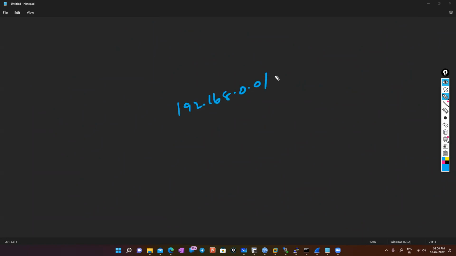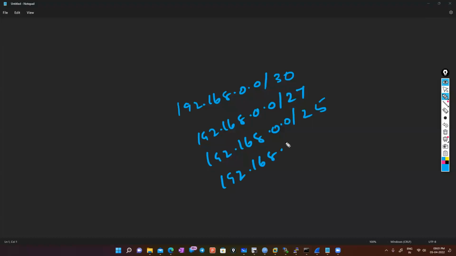192.168.0.0, and you guys try to make /30, right? And 192.168.0.0 and /27. 192.168.0.0/25. 192.168.0.0/28.